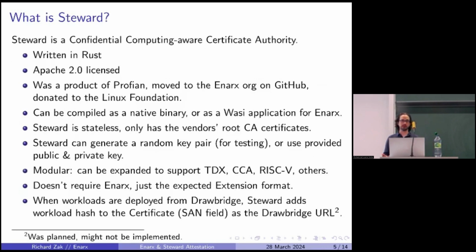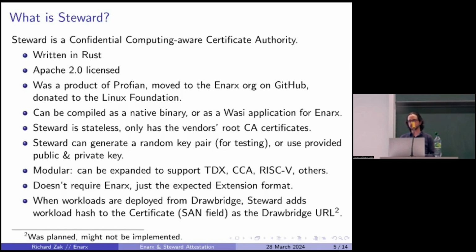So one of the components in our ecosystem is Steward. Steward is a confidential computing aware certificate authority. It's written in Rust. It was initially going to be kind of like a proprietary thing of Profian. But when Profian closed, it was donated to the Linux Foundation and is part of the Enarx project, and was relicensed as Apache 2.